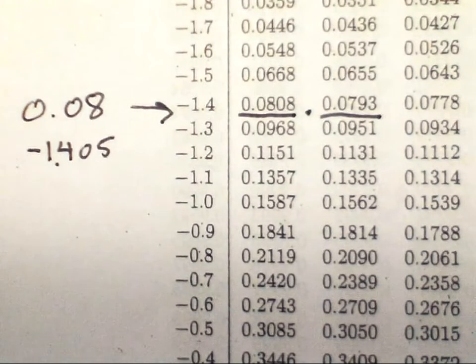Now, this negative 1.405 is just an estimate, because remember what we're doing here is that we're taking the average of these two things, right? Negative 1.41, negative 1.40. And taking the average of those two numbers is technically, theoretically, incorrect, right? Because you still remember whenever we were looking at that one sliver, and I blew up that one sliver, that 34% sliver, and we said that our intuition tells us that 17% should be on one side and 17% should be on the other side.